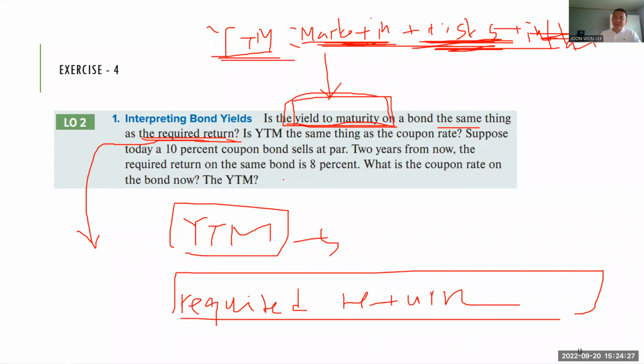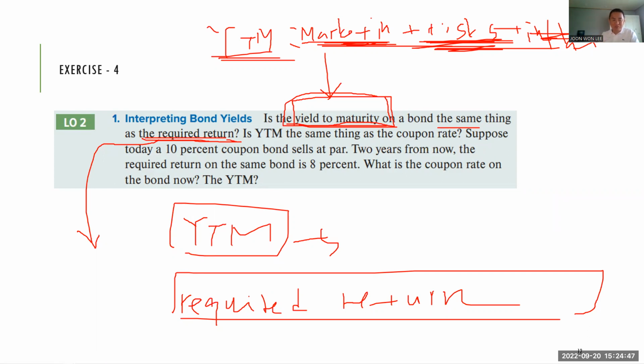So hey guys, please raise your hand if you don't understand the concept of yield to maturity. There's a function of raising hand in this Zoom. Please raise your hand. Okay, one. How many?